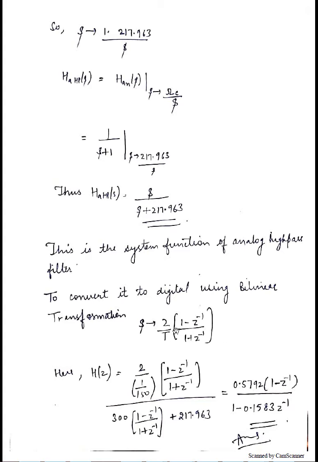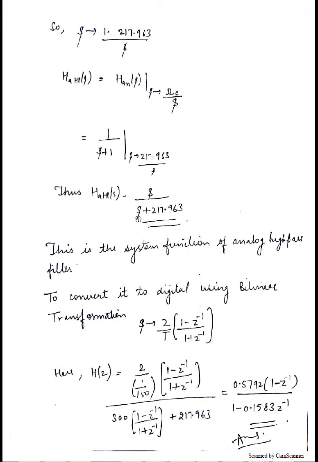Here the variable we want is capital T, and it is already given as 1 by 150. This S you will replace in the equation of this analog high pass filter. So if you keep S as 2 by 1 by 150, or 2 into 150, that is 300, into 1 minus Z inverse by 1 plus Z inverse.